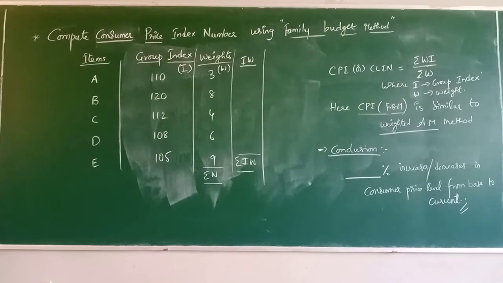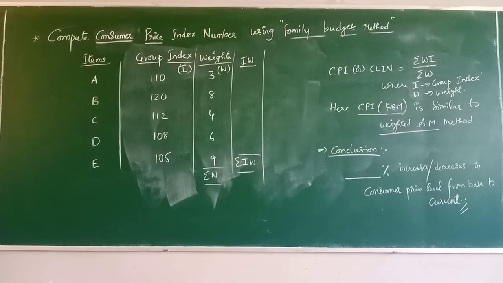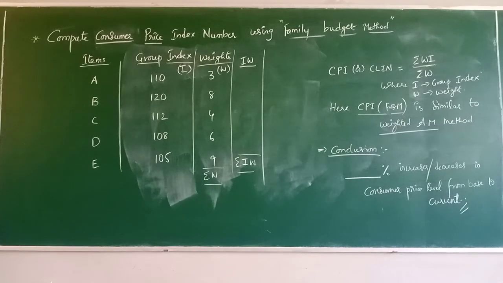Now look at this problem. A similar problem: compute the consumer price index number using the family budget method. Here, rather than giving the prices of base and current, directly the group index will be given as I. Look at the table, group index I values are given. Group index is denoted by I, remember.